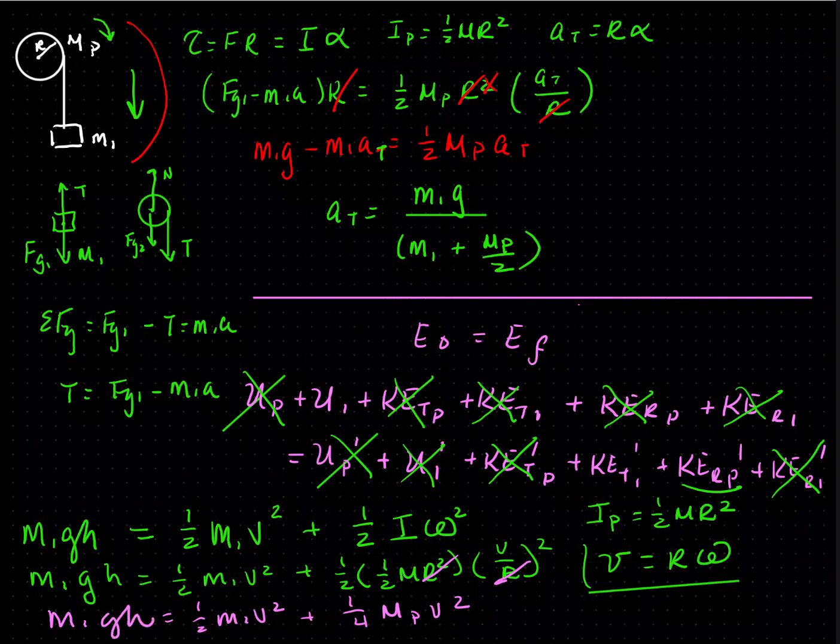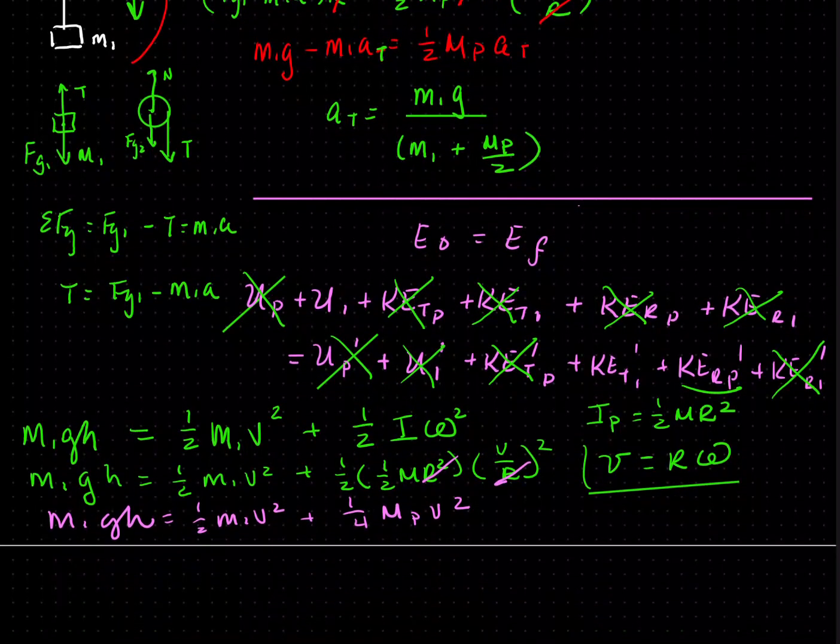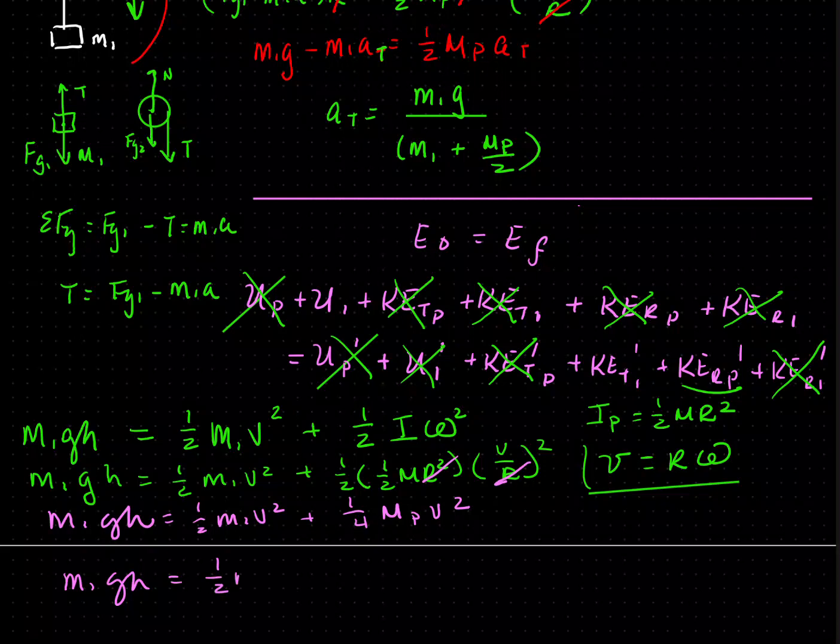Since the objects are connected together by a rope, their velocity is going to be the same. So I'm going to solve for v by factoring out a velocity. So M1 g h is equal to (1/2 M1 plus 1/4 MP) times v squared.